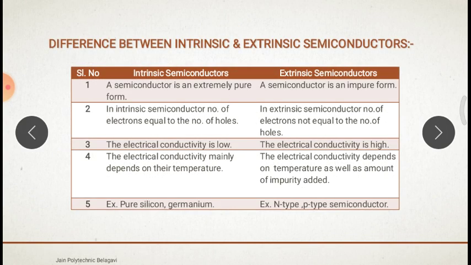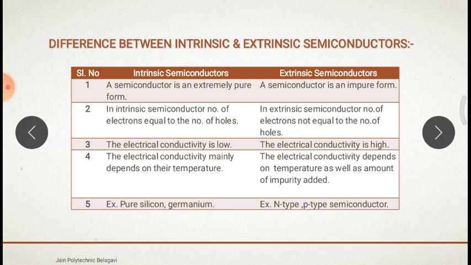The difference between intrinsic and extrinsic is, intrinsic is an extremely pure form. Pure silicon and pure germanium are the intrinsic semiconductors. Extrinsic is an impure form, meaning we are adding some impurity. That I will discuss in the next slide. Impurities are other materials we add to the intrinsic semiconductor so that it can conduct. In intrinsic semiconductors, the number of electrons equals the number of holes, since one atom has 4 and the other atom also has 4 valence electrons.